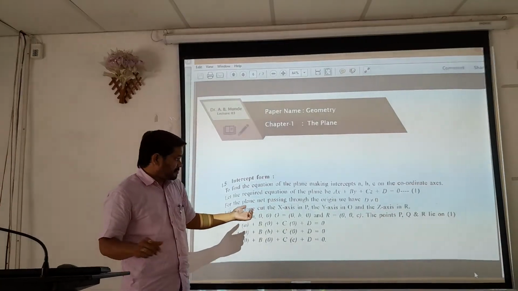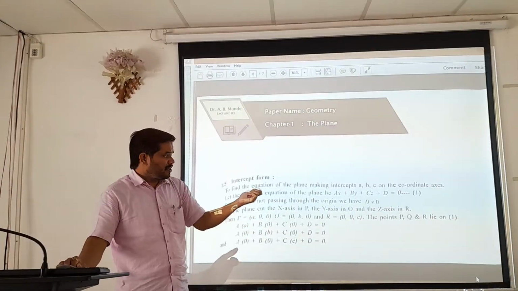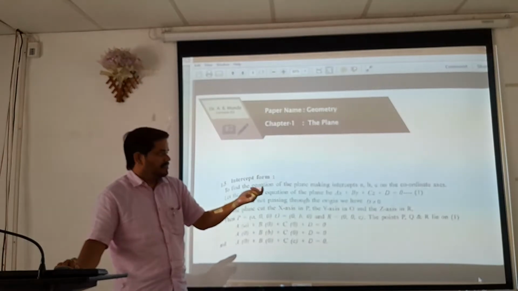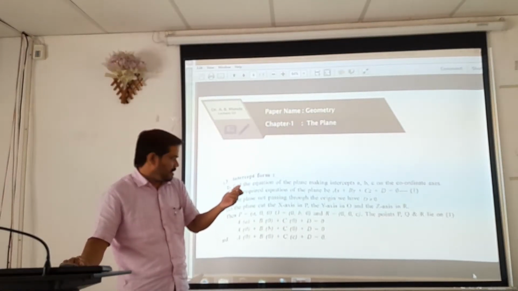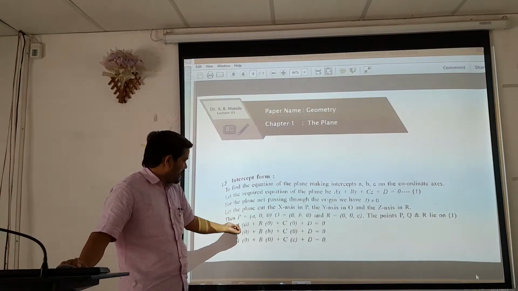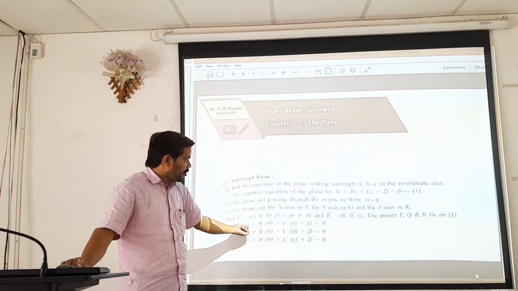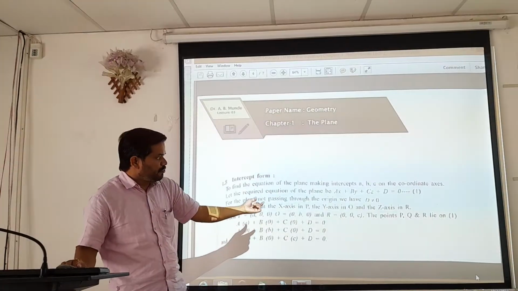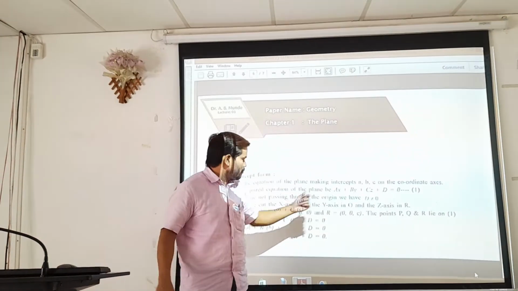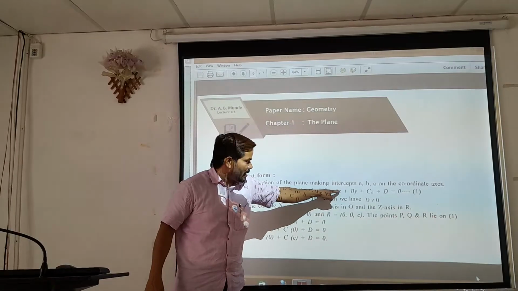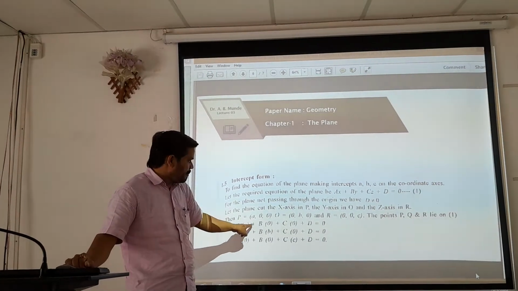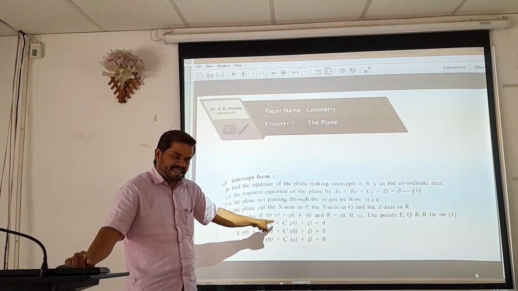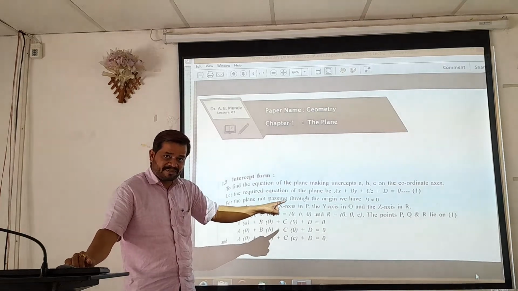Then the points P, Q and R lie on the plane 1. We get capital A into small a. Why? Because if you put the coordinates of the point P here, we get A into a plus B into 0 plus C into 0 plus D is equal to 0.